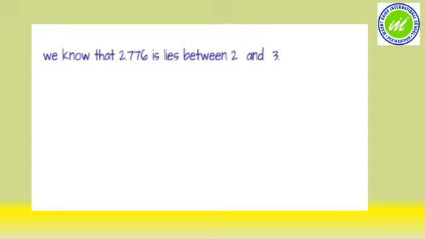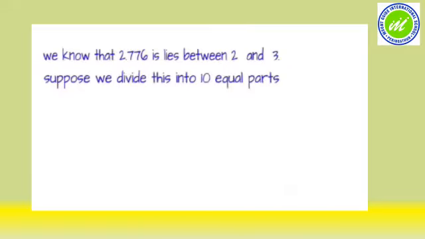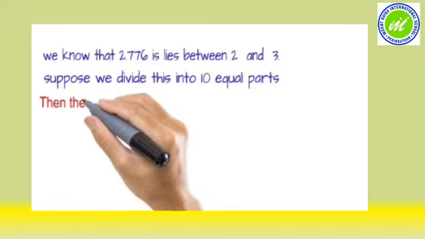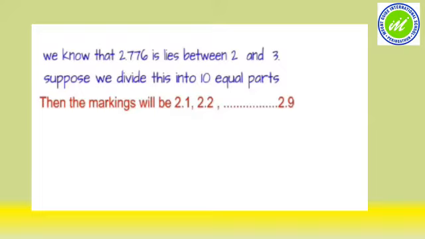So, let us look closely at the portion of the number line between 2 and 3. Suppose we divide this into 10 equal parts. Then the markings will be like 2.1, 2.2, 2.3 and so on.